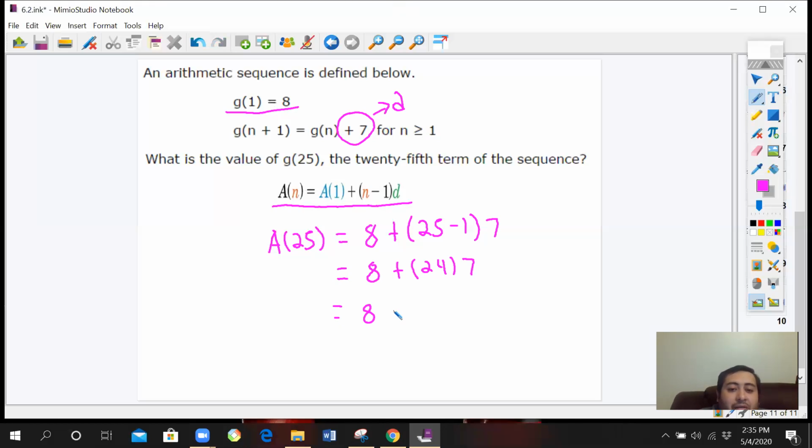Let's see how much that is going to be. That's going to give us 168. And then plus 8 is going to give us 176.